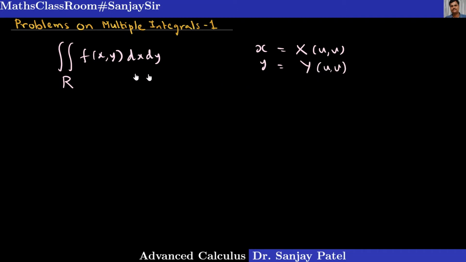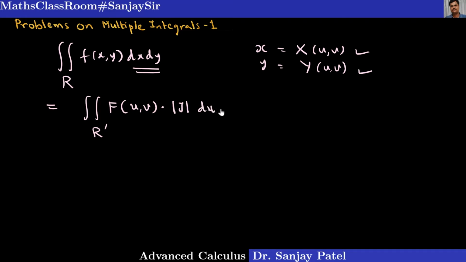Then this double integral we can transform into a new double integral over a new region R dash, where x and y are replaced by these relations, and you will get a new function in variables u and v, and dx dy is changed to mod of J du dv, where J is the Jacobian of x, y with respect to u, v.